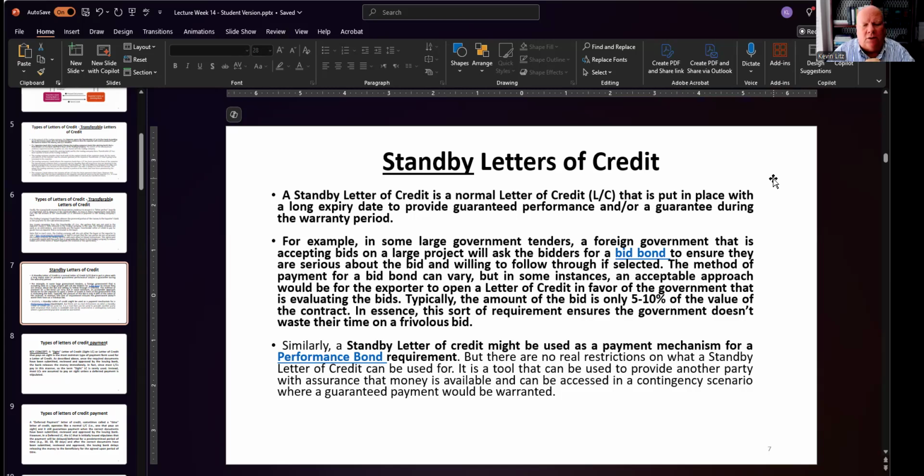Another way you might use a standby letter of credit is if I give my customer a guarantee, a warranty, this is good for 2 years. After I send it to you, it's good for 2 years.